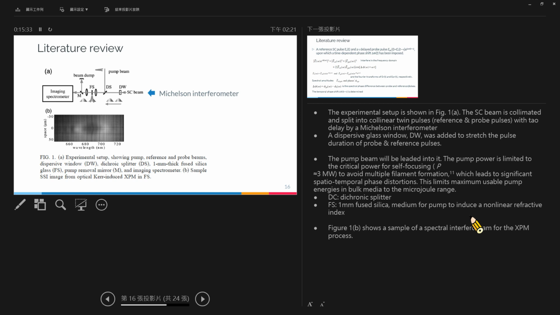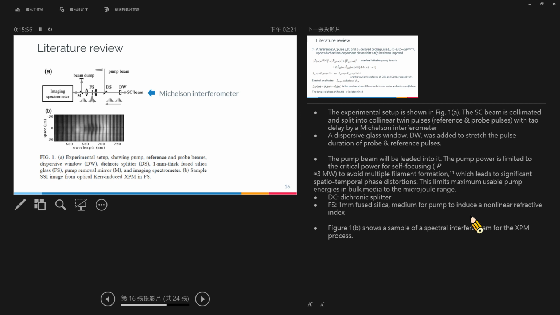This is the experimental setup in figure 1a. A supercontinuum beam gets into this setup by using the Michelson interferometer. It will generate collimated twin pulses, the reference pulse and the probe pulse.